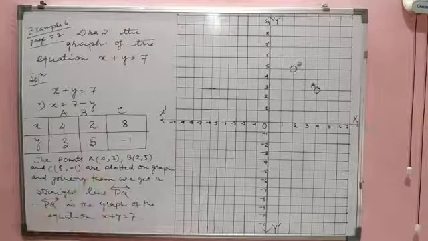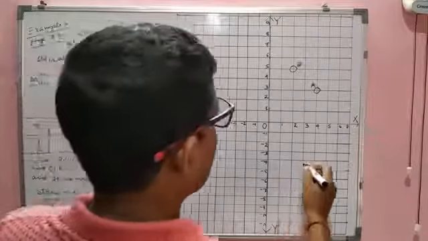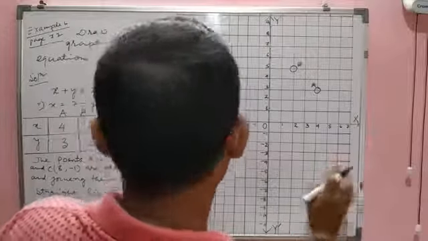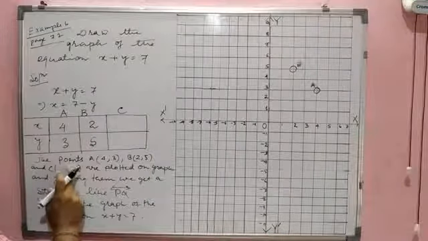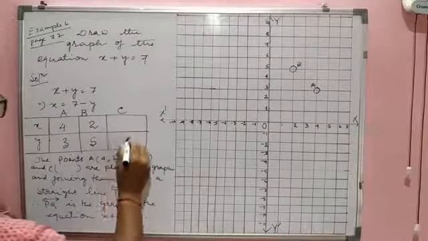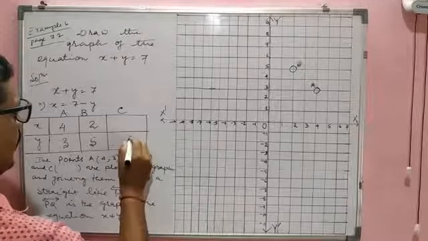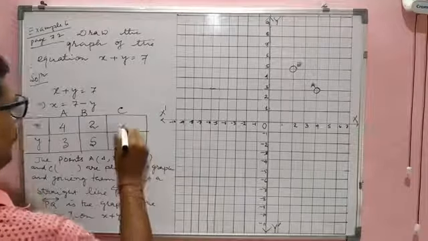Next, 8, minus 1. Okay, let us change this point. Let us take y as 6, so x will be 1.